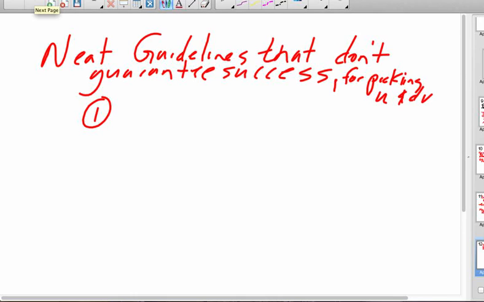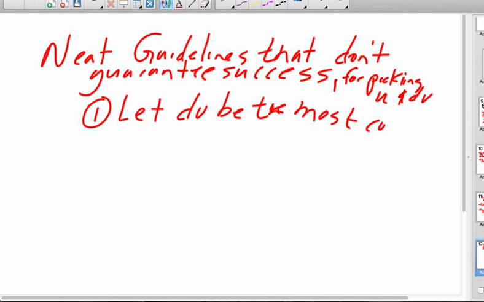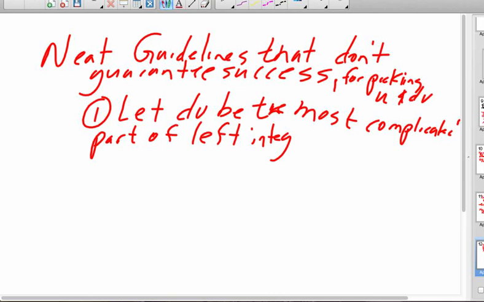Okay, so guideline number 1. Let dv be the most complicated part of the left integrand. You remember the integrand is the inside part.